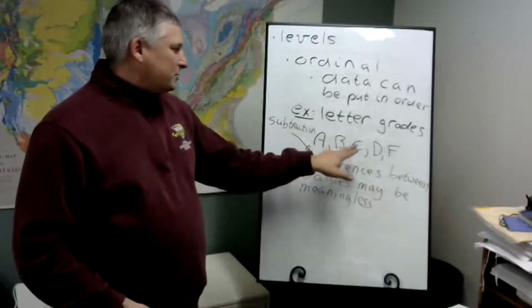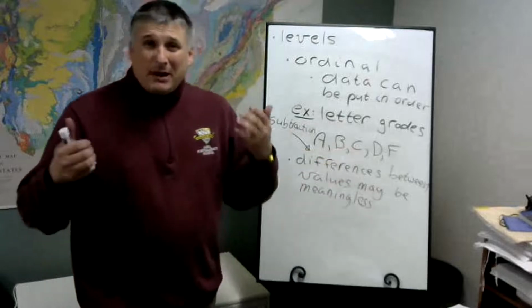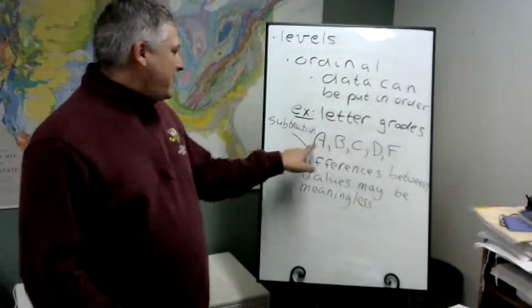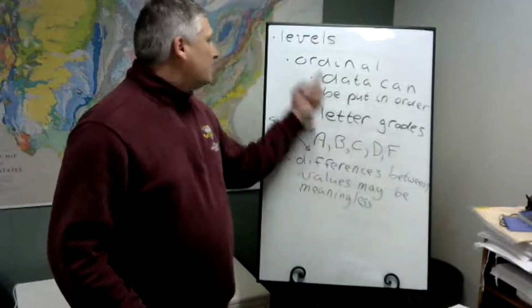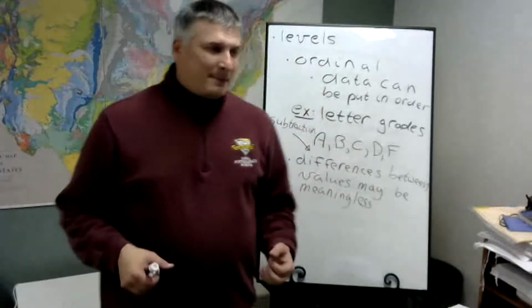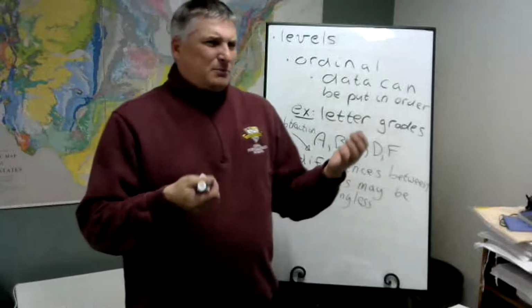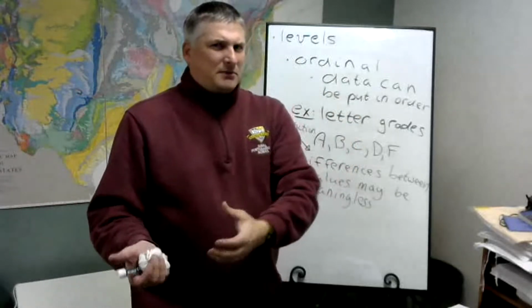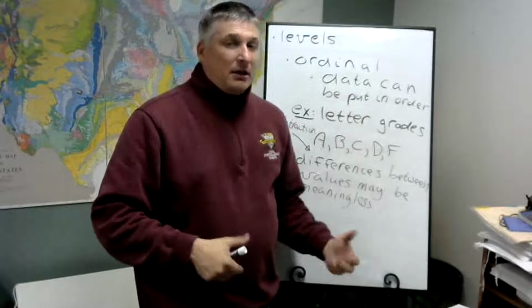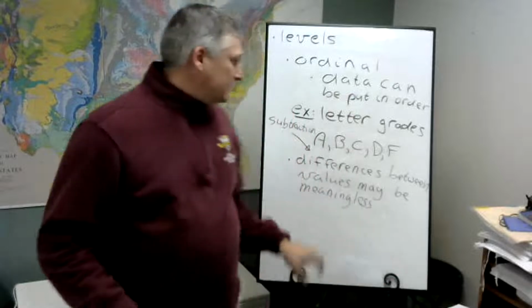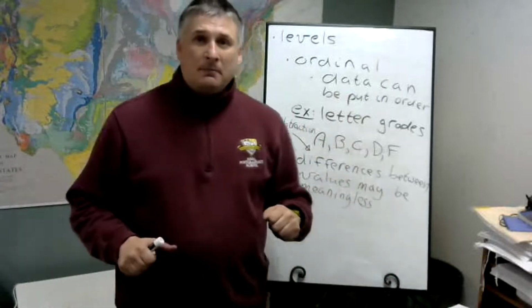Like, what's A subtract C? Now we know A and C are different grades, and A is a higher grade than C. That makes this ordinal data. But what is the result if you subtract a letter grade of C from a letter grade of A, if the only thing we know about the grades is A and C.